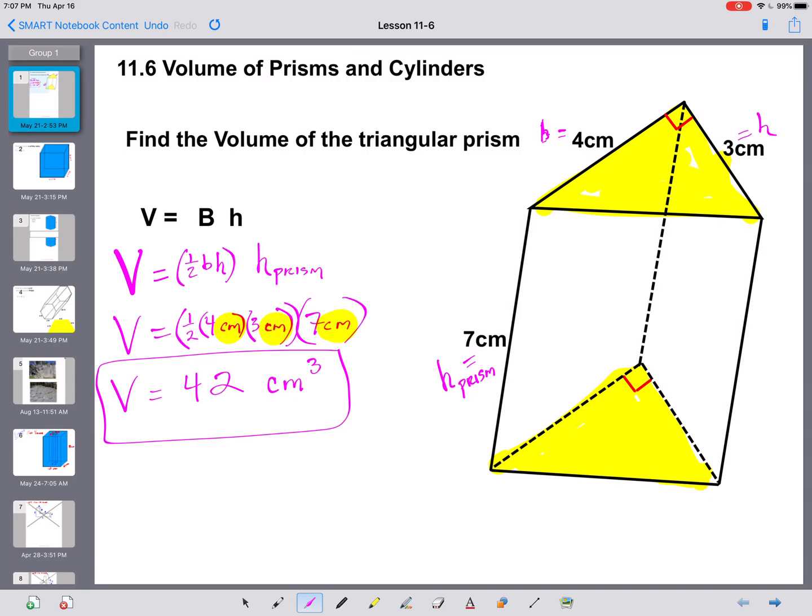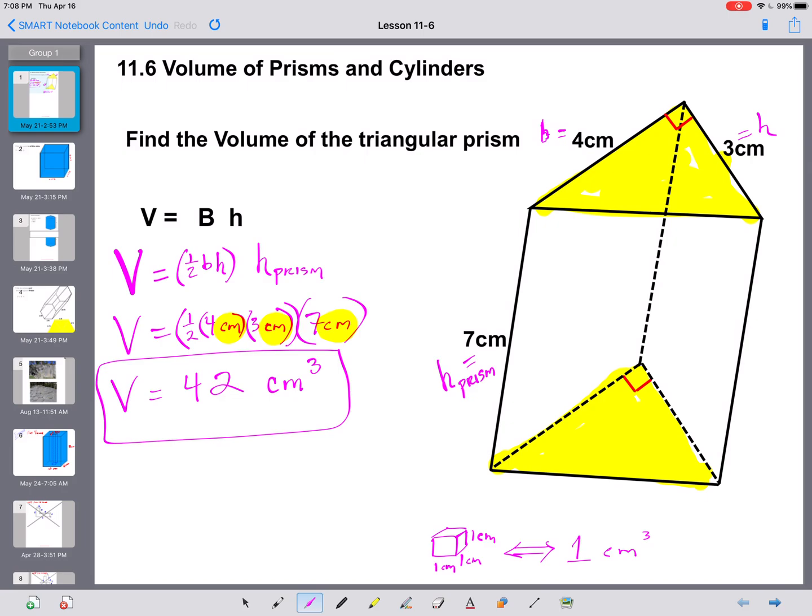If I had a little cube that was 1 centimeter by 1 centimeter by 1 centimeter, this would be 1 cubic centimeter.